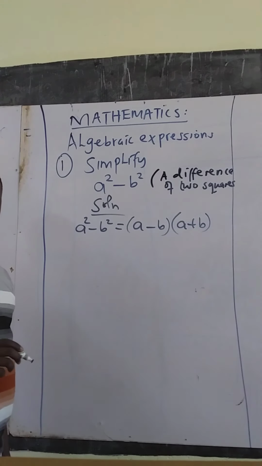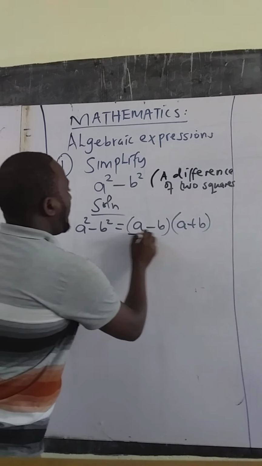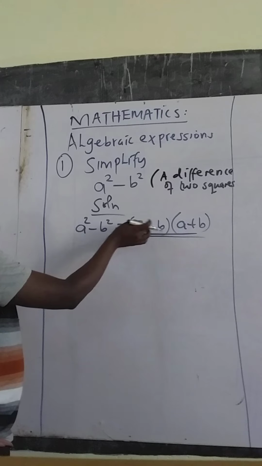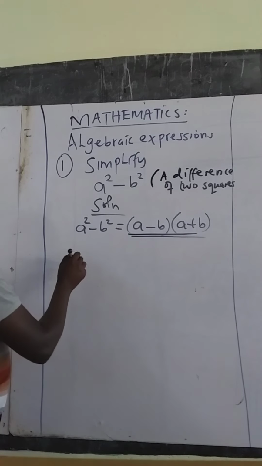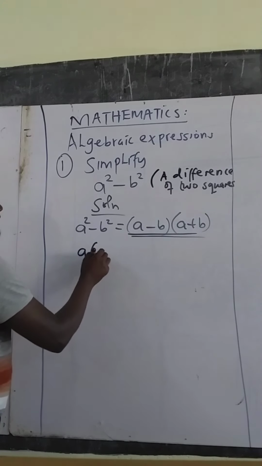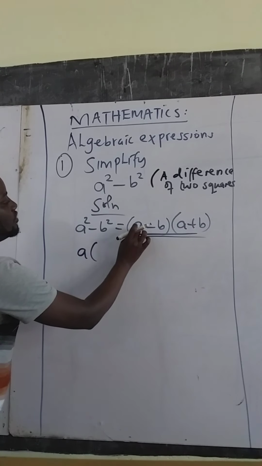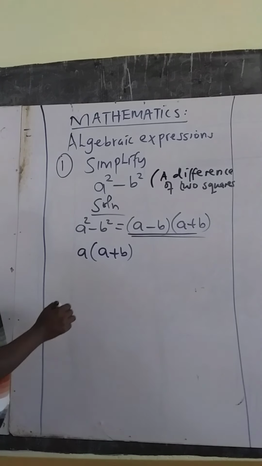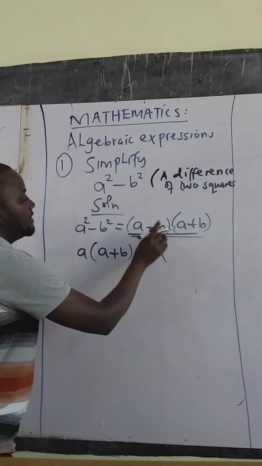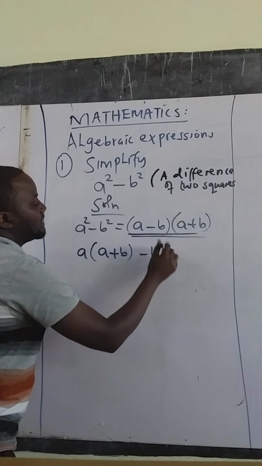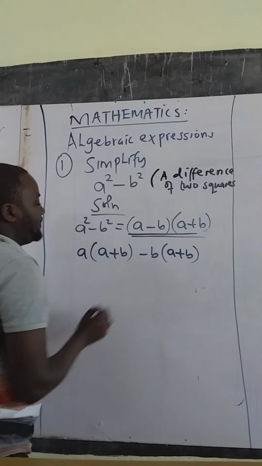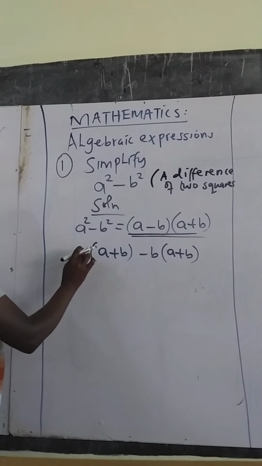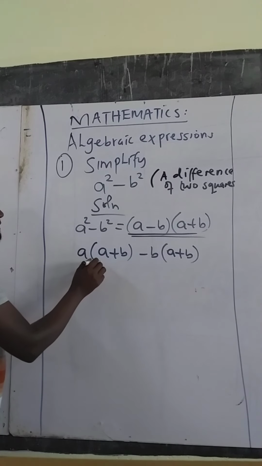You can also confirm whether the product will give you this, and actually it will. You take a times the bracket a plus b, then minus b times the bracket a plus b. Then we remove the brackets by multiplication. A times a gives a squared.